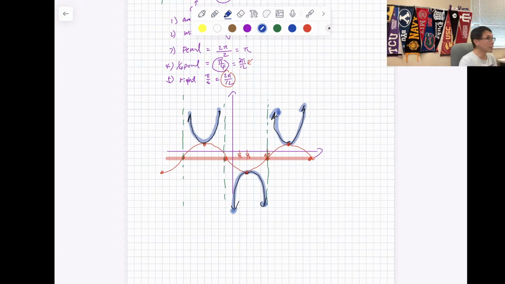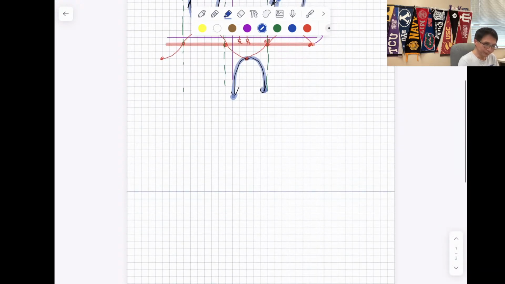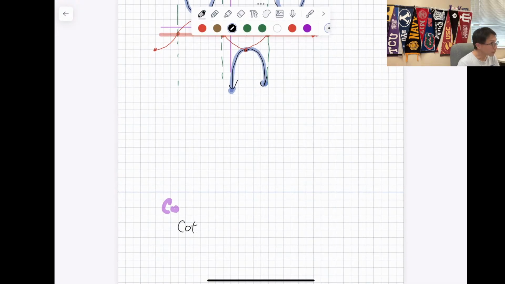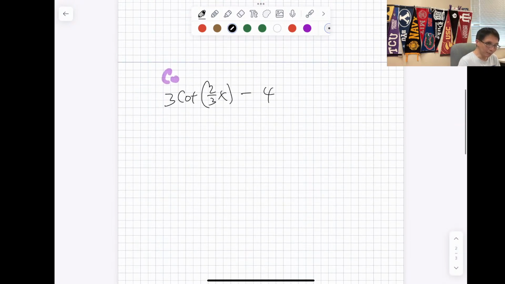Is it a tangent graph? Yeah, cotangent graph. Okay. So first of all, the 3 is just called a stretch value.